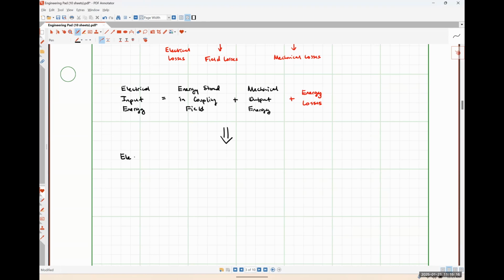Electrical input energy minus copper losses, I squared R losses, will be equal to the energy stored in our coupling field plus our core losses plus our mechanical output energy plus our friction and windage losses.